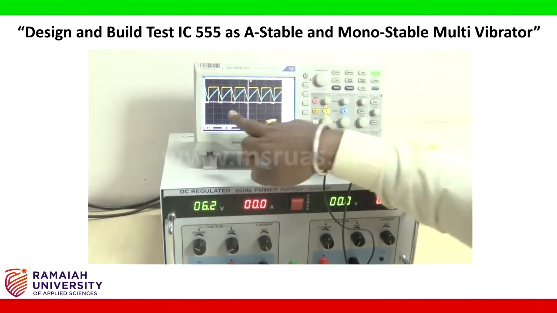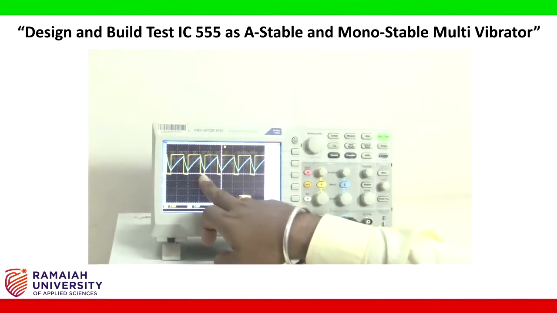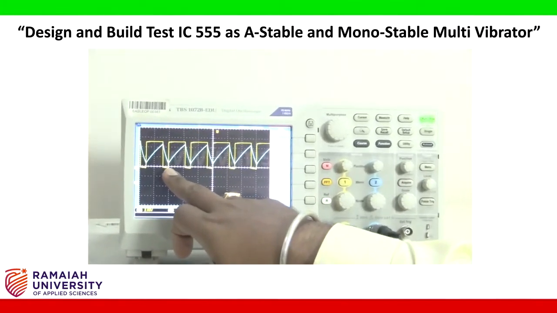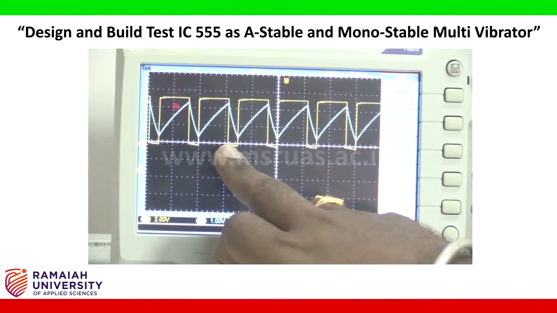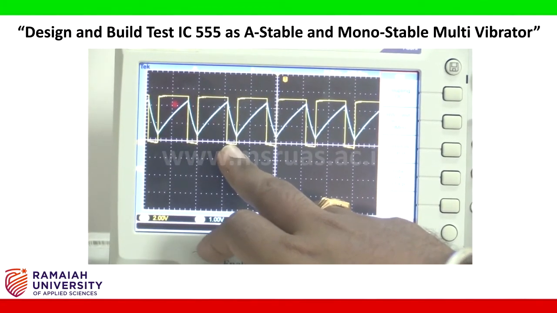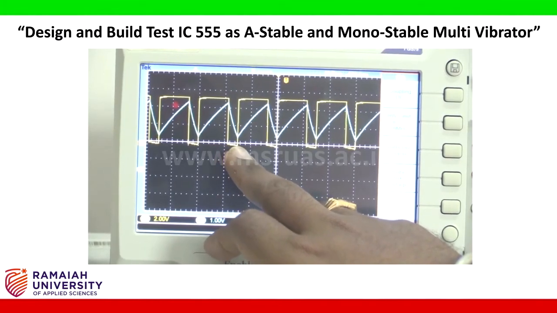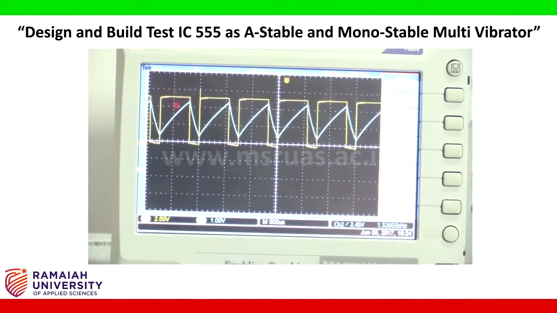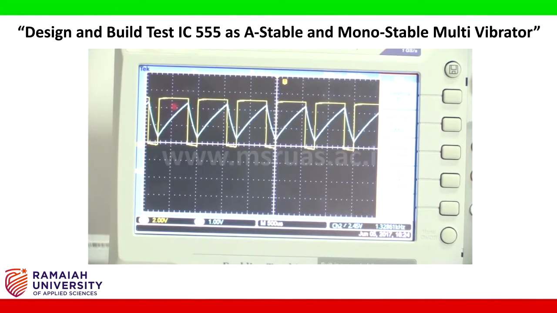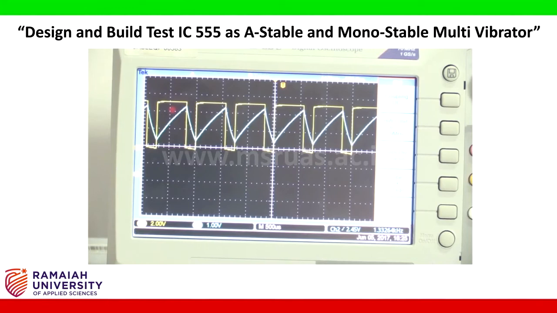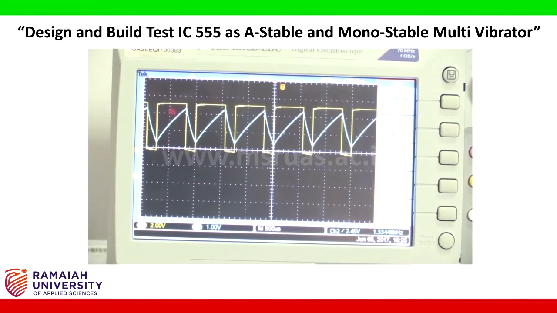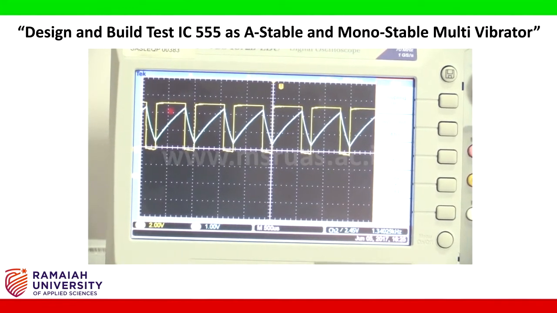Now you see the T on time is more than the T off time, around 0.6, so 60% on time, and 0.4, the 40% off time. So 60% on time duty cycle and 40% off time duty cycle. You can calculate the total duty cycle as 100. So this is the output of the astable multivibrator.